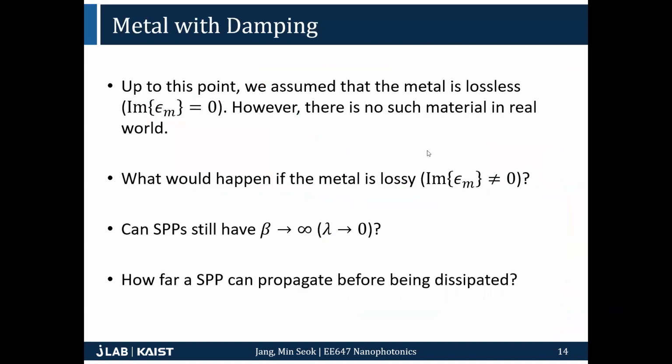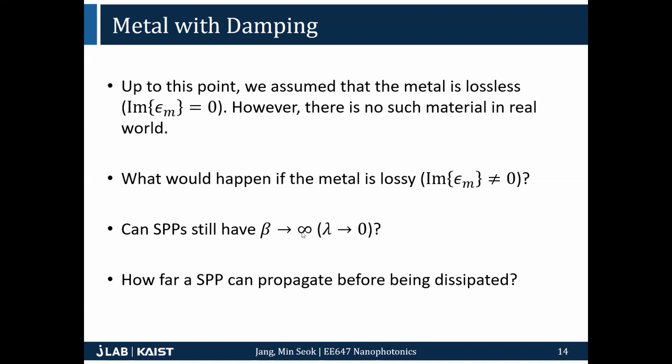Okay, now we want to talk about metal with damping. As I said, if the metal doesn't have any damping, which means there's no imaginary part of permittivity, then its dispersion relation gives you an infinitely long propagation constant at omega sp and zero group velocity and so on.